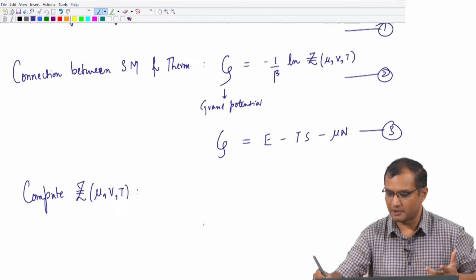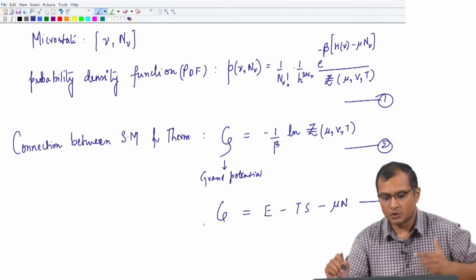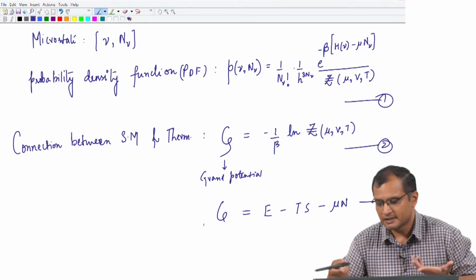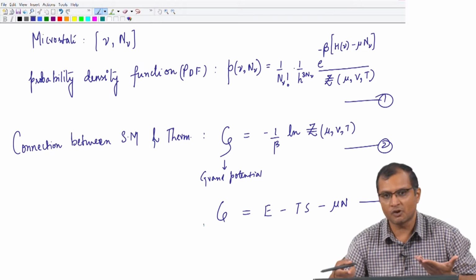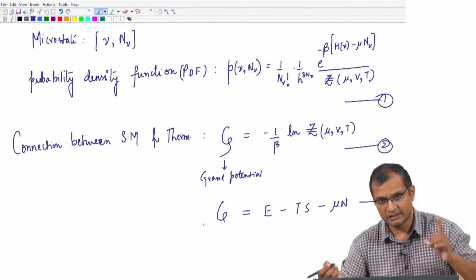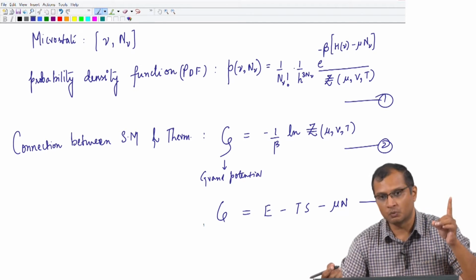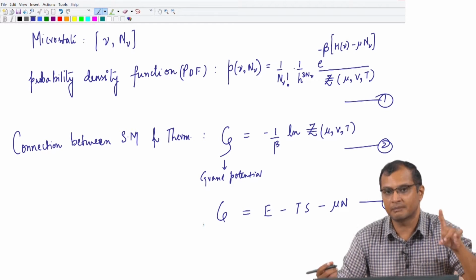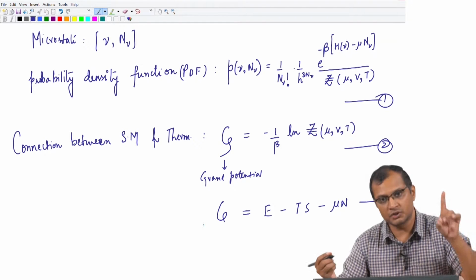Look at the form of equation 1. To normalize my PDF, the partition function here has to be a sum over all the degrees of freedom, the degrees of freedom here being momenta and position. There is one more degree of freedom, which is n nu, the number of particles in the particular microstate. So, you have to sum over n nu also.